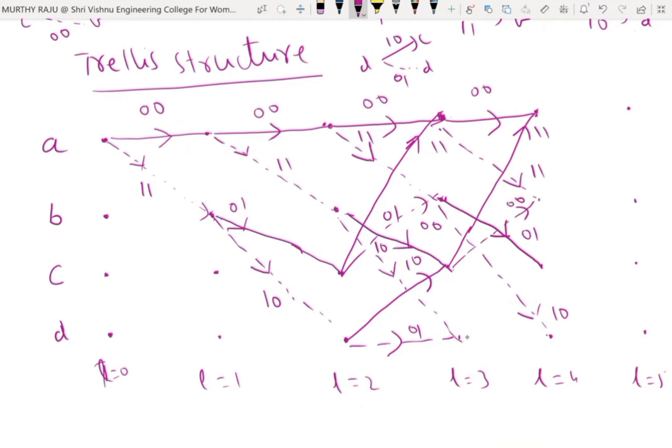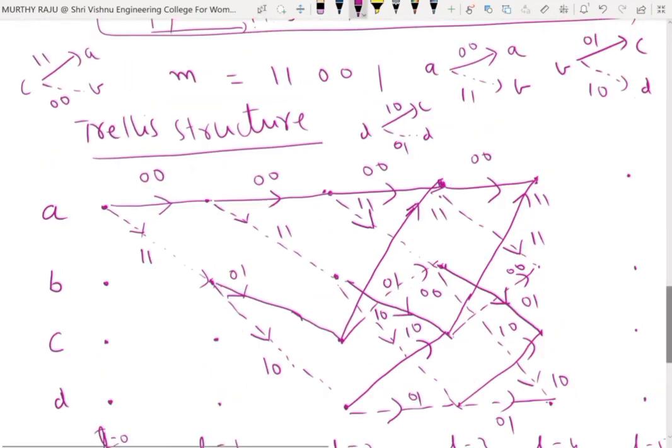Here D to C, 1 0. D to D. With the help of these signal flow graphs, that means transitions, you have to construct a trellis structure.